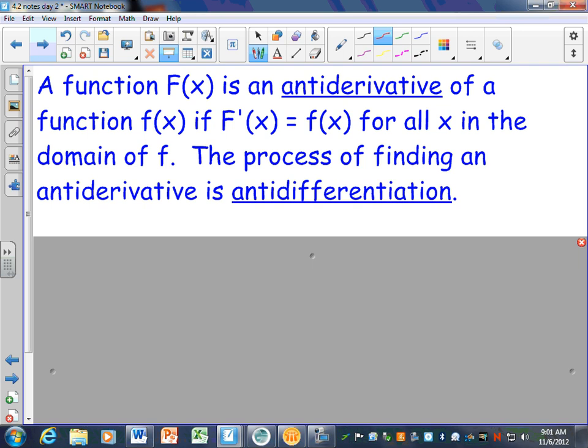If this was my derivative, what would the original function be? So it's kind of reversing the power rule, maybe reversing a trig function. And when you do this, when they give you a derivative and you find the original function, we call that anti-differentiation. And so this is the second part of your homework, which isn't so bad to do once your brain gets clicked into thinking about antiderivatives.